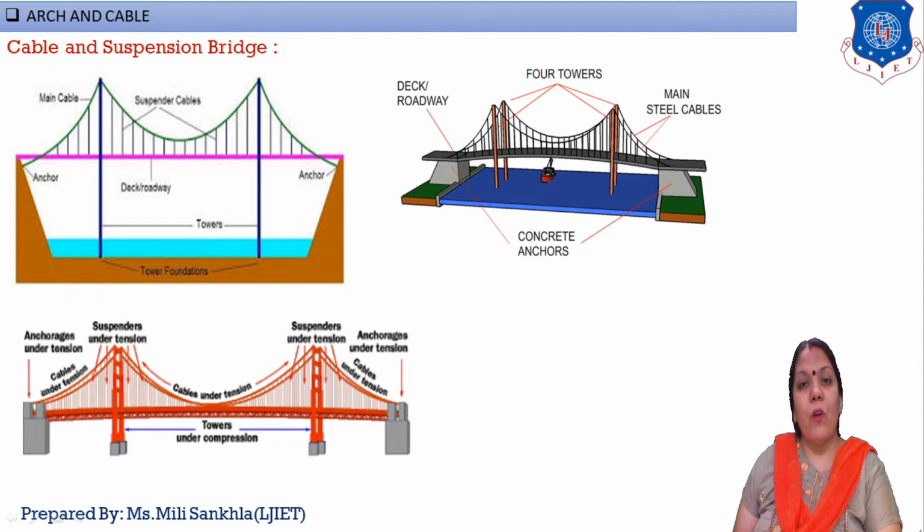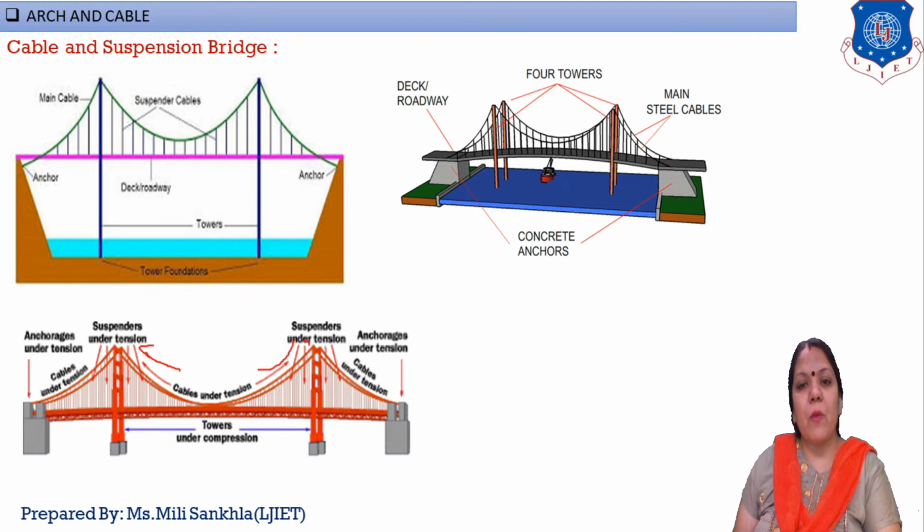Now one by one, what happens? When vehicles are moving on this road, these vertical suspenders pass the load to the main cable. When load passes through the suspenders to the main cable, the main cable is subjected to tensile forces.